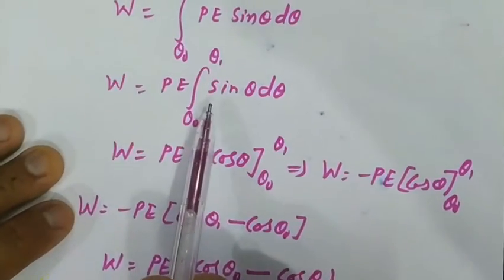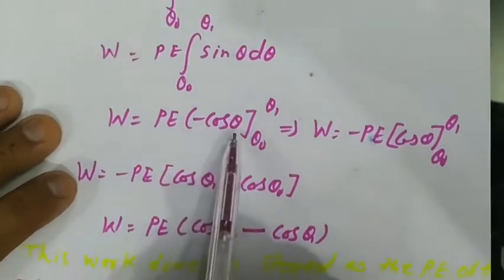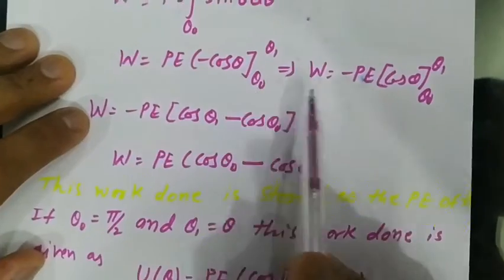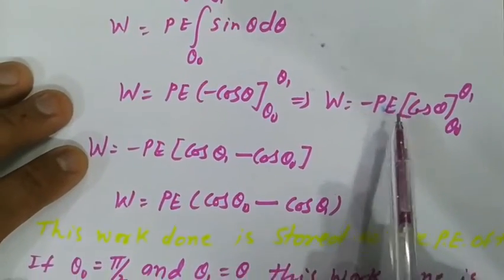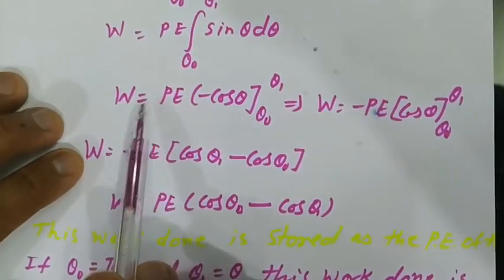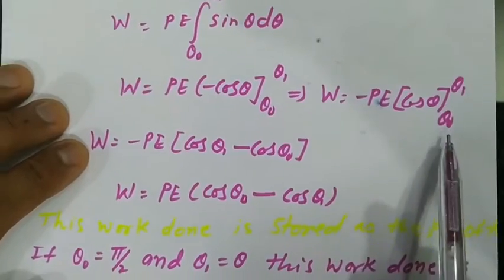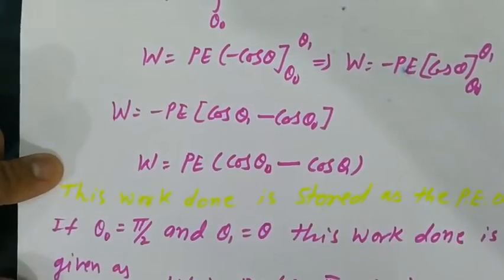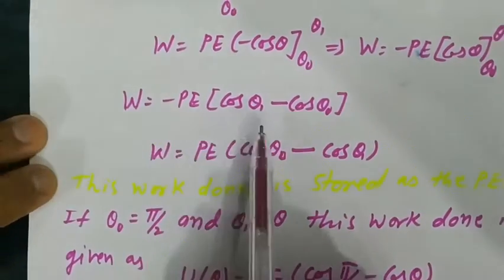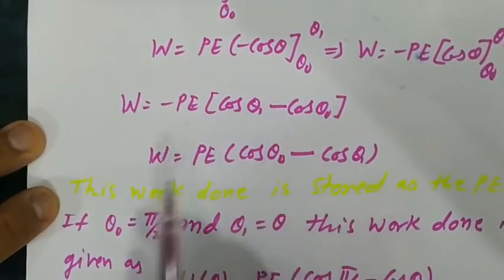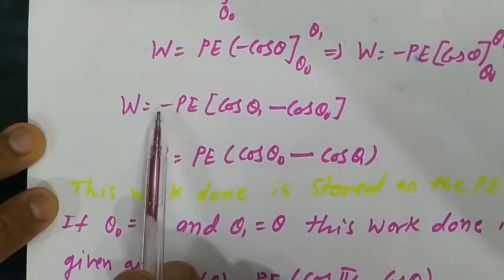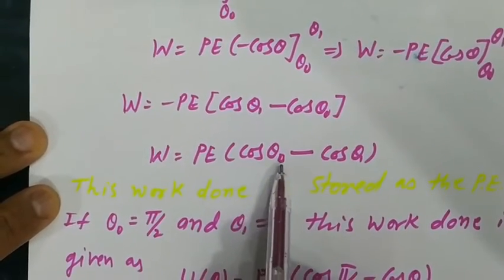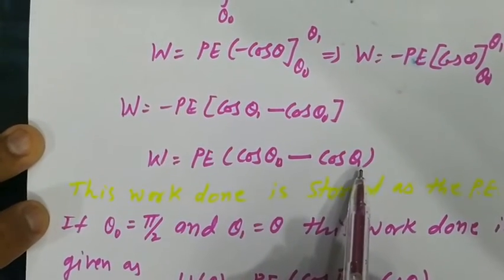On integration, sin theta d theta gives minus cos theta. W equal to minus PE, we just take common minus P outside, so cos theta from theta naught to theta 1. On putting upper limit and lower limit we get minus PE times cos theta 1 minus cos theta naught. W equal to PE, minus just multiplied, cos theta naught minus cos theta 1.